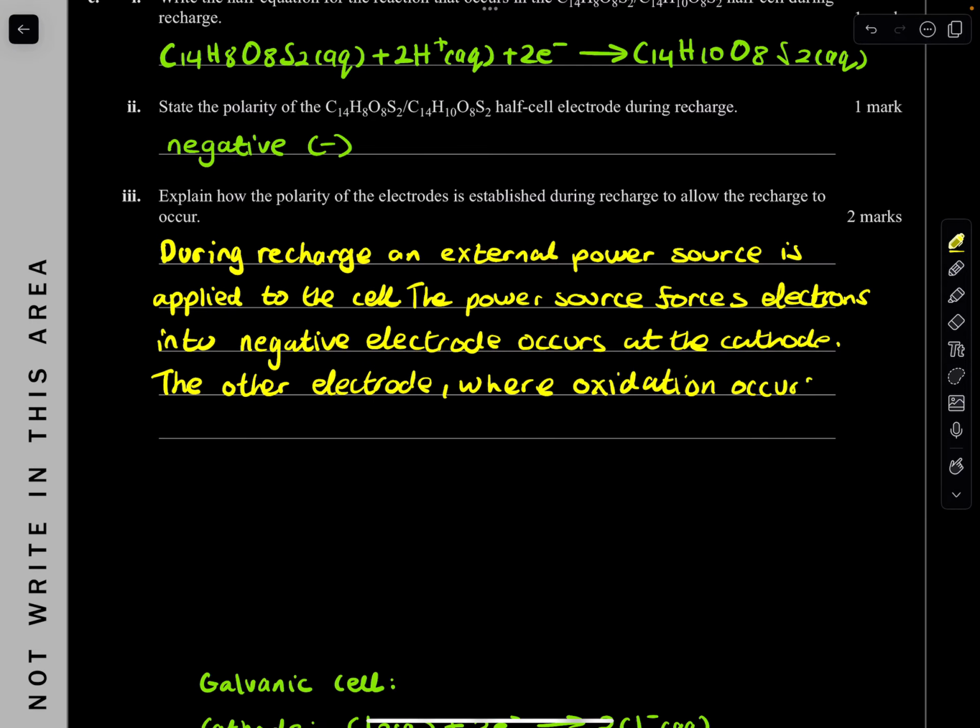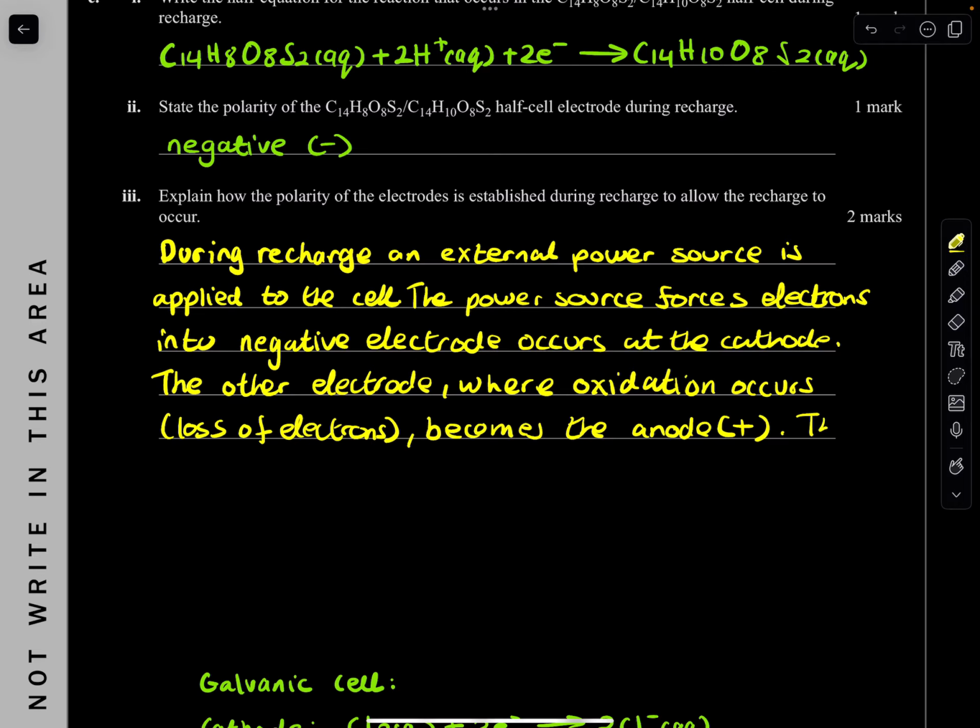So oxidation occurs, basically the loss of electrons, remember loss of electrons, becomes the anode, which is basically the positive terminal.